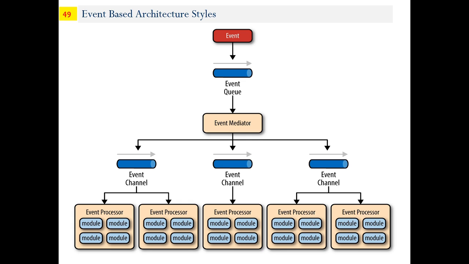Again, to repeat the flow: events come in, are logged into the event queue, and given to event mediators, which cross-check the dependencies, and then through the event channel the communication is set up. So this is how the event-based architecture style works.